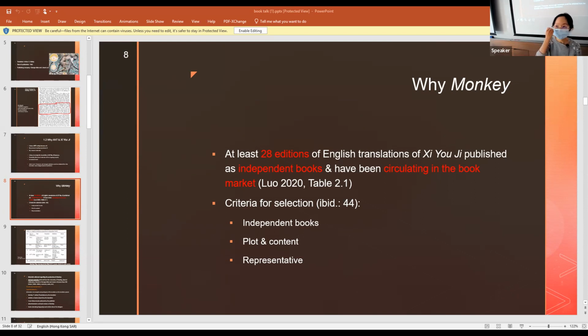The answer to the question of why I chose ANT in the first place was that during my master's, I read Constructing Sociology of Translation, edited by Michaela Wolf and Alexandra Fukari. I think many of you who are interested in the sociology of translation have already read that book.